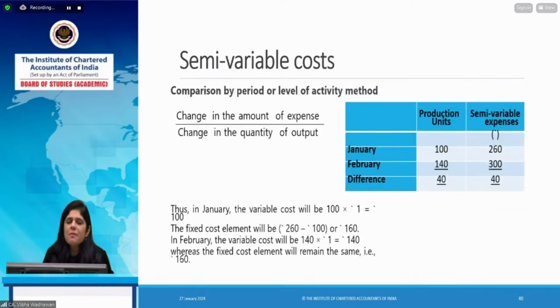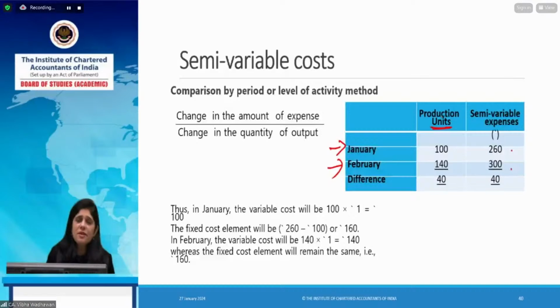The next method is comparison by period and level of activity. Clear? So a change in the amount of expense. You have the expense for 2 periods, January and February. So we have semi-variable cost for January and for February. And then we have production units.